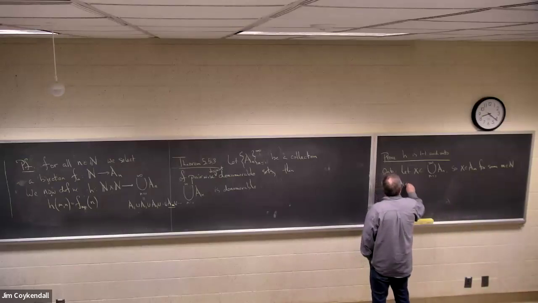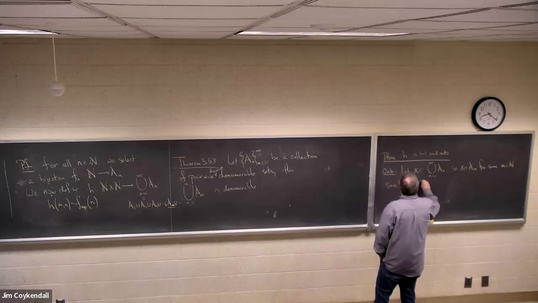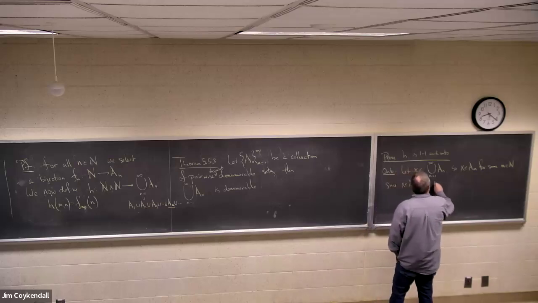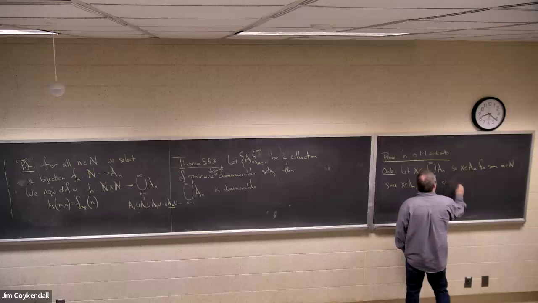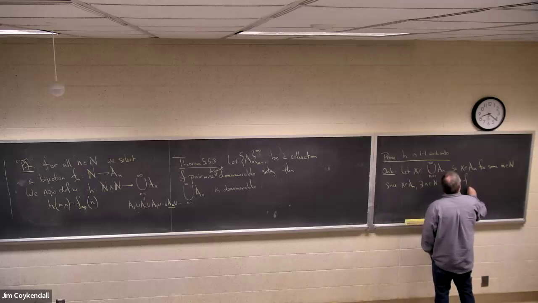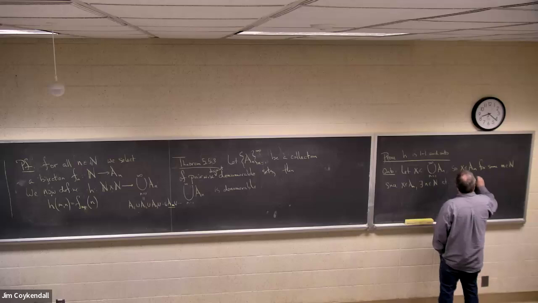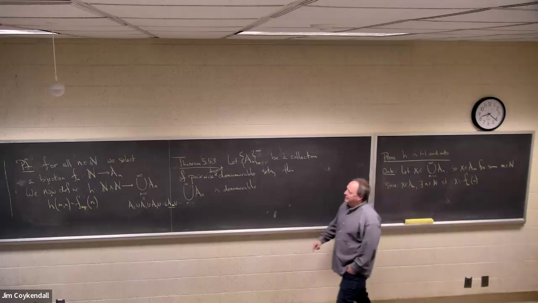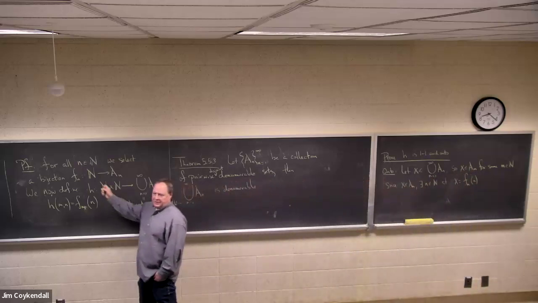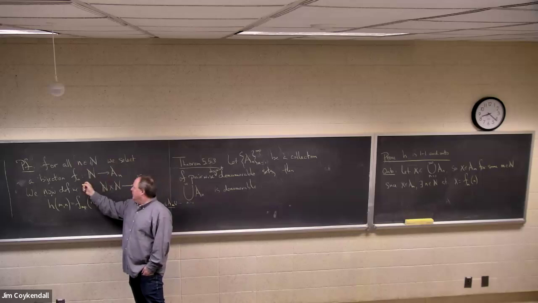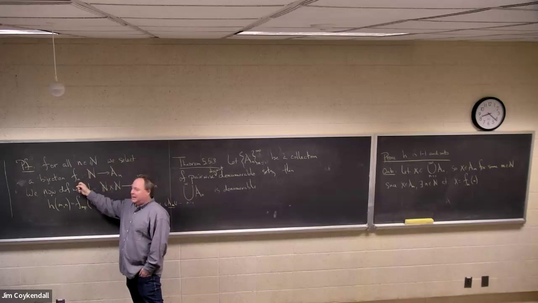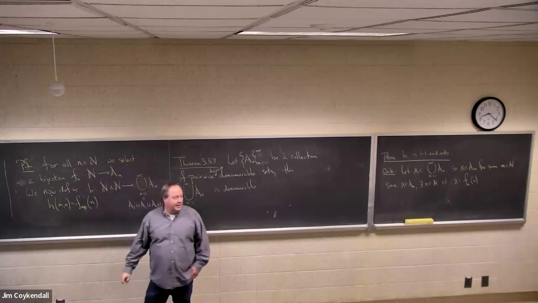Since X is in A_M, there exists N in the natural numbers such that X is equal to F. Because this thing's a bijection, right? So here my subscript should be M, because we're going from N to A_M.